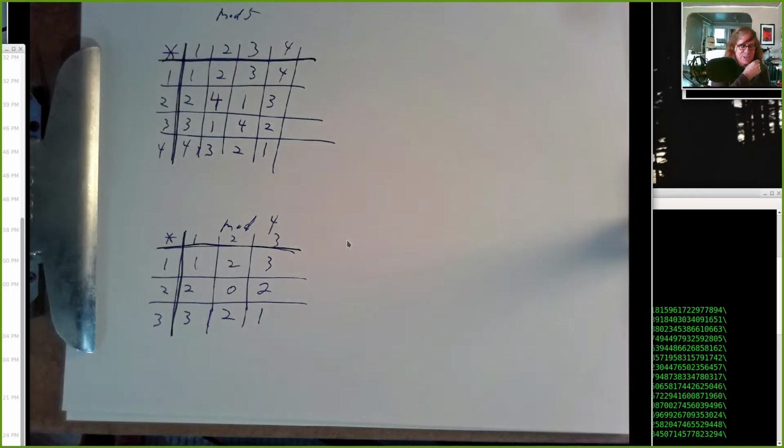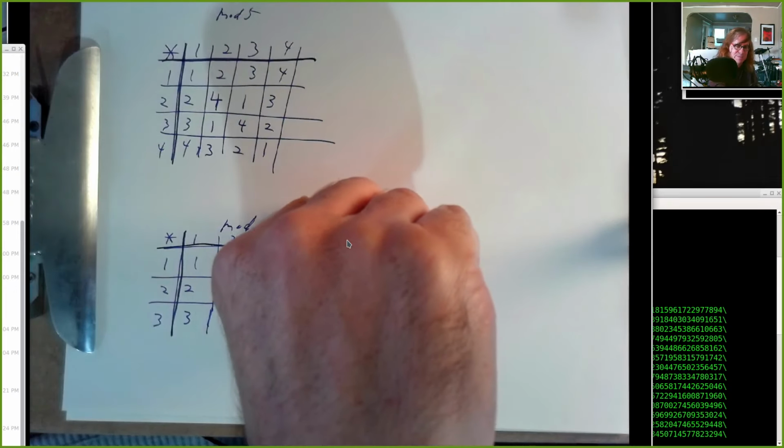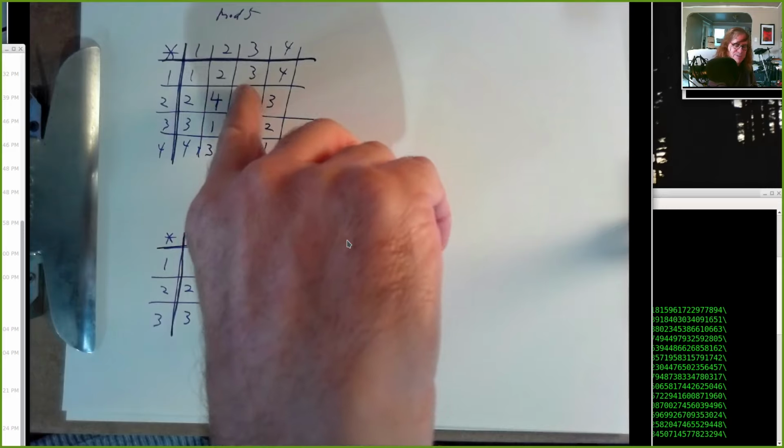The middle square, what about it? So 4 and 1. So we got a 4 and a 1 and a 1 and a 4 in here.